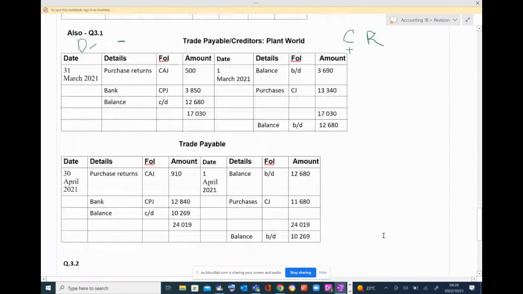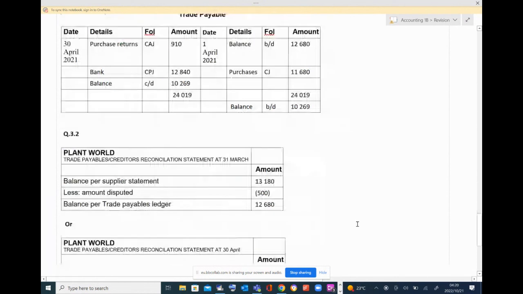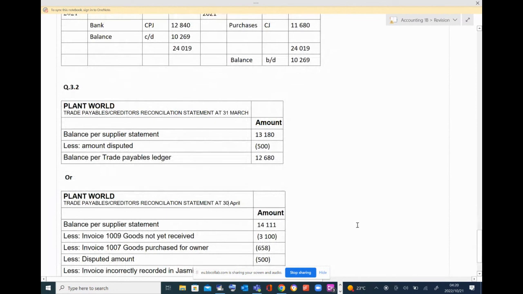So I think that less amount disputed is in relation to that 500, because there's no other transaction in relation to the 500 other than that. So it's quite clear that's what's making the difference, because they haven't yet agreed.